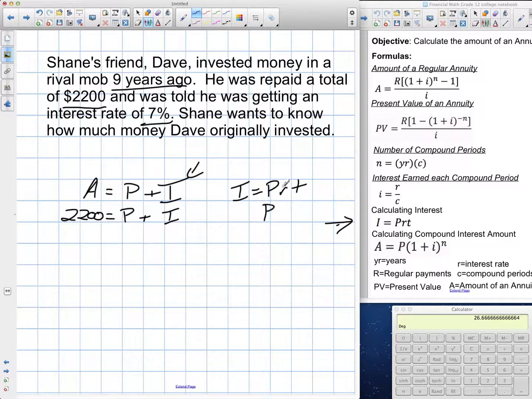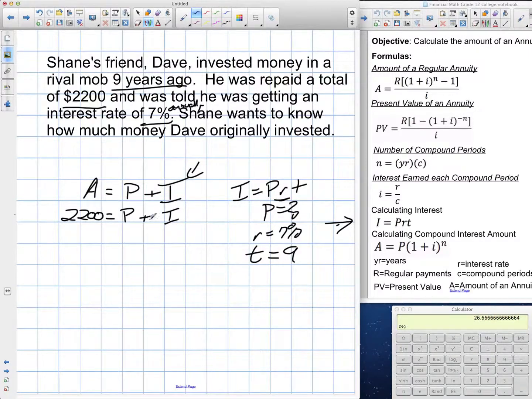R is the interest rate, which we know, 7%. P is what we're actually looking for. And time, T, is 9 years. We're going to also assume he was getting paid annually. I know I didn't write that in the question. Sorry. Annually. So his time was 9 years.